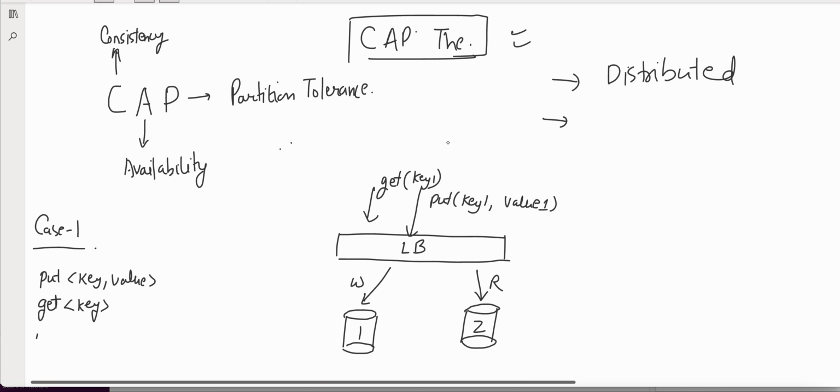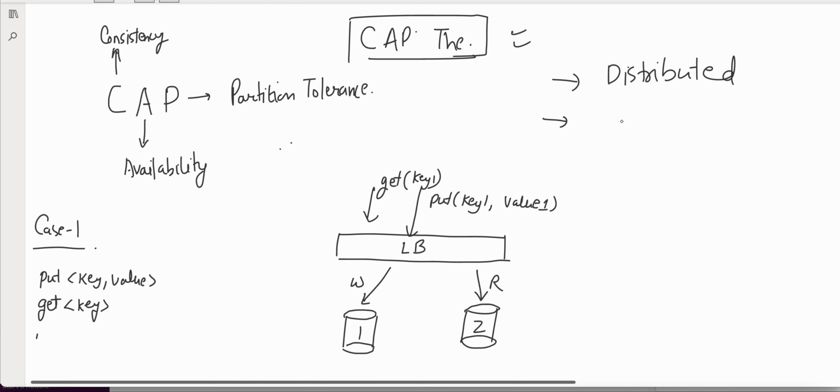Maybe there is a power outage or some internet issues, and they're not able to communicate effectively at some point in time, but your overall system still remains intact and is working fine. It means your overall system is partition tolerant. So you assume that there will always be partition tolerance in your system.